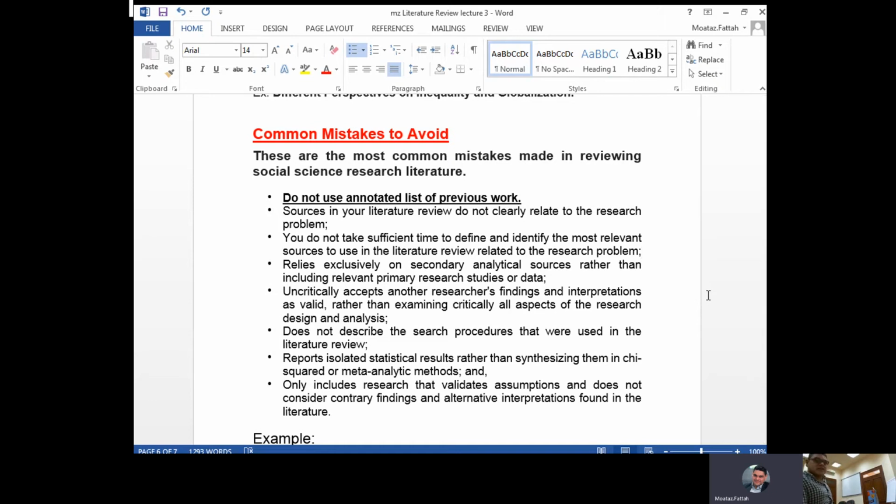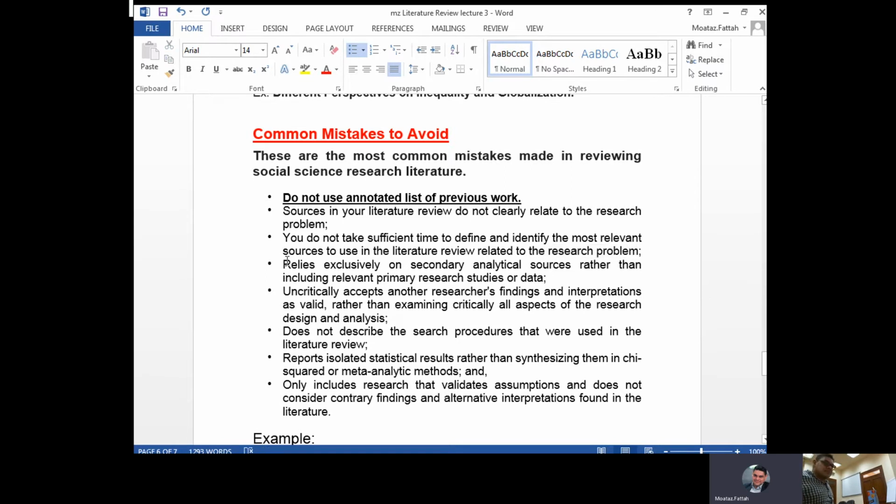Okay, so there is Iraq. But what if the source is talking about, for instance, antiquities in Iraq? History of cooking in Iraq? No, you need to focus on the most relevant sources in your literature review related to your research problem. Okay?